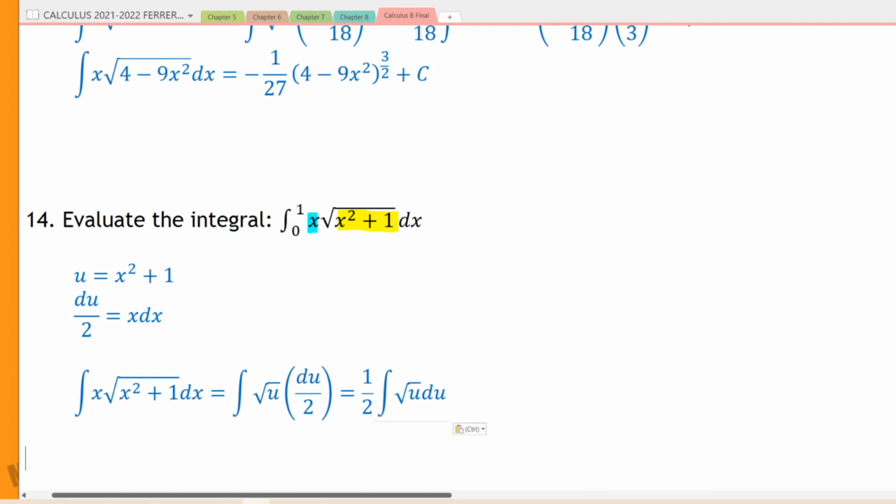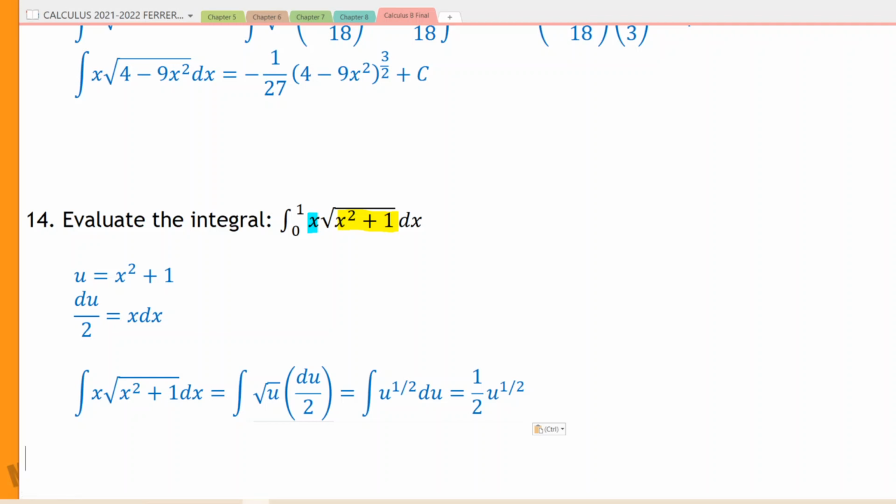Then we can change that square root of u into u to the 1/2 power. And that makes us ready to use our antiderivative rule. So let's write down our pieces. We'll first take that u to the 1/2 and we'll add a 1 to it.